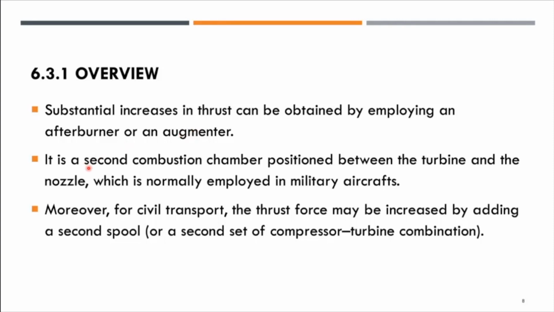In this case, there is a second combustion chamber, which is normally positioned between the turbine and the nozzle, and it is quite common in any jet fighter or military aircraft. Moreover, for civil transport, the thrust force may be increased by adding a second spool, or a second set of compressor and turbine combination, which we will cover later in our session today.